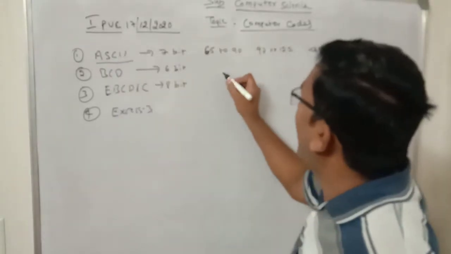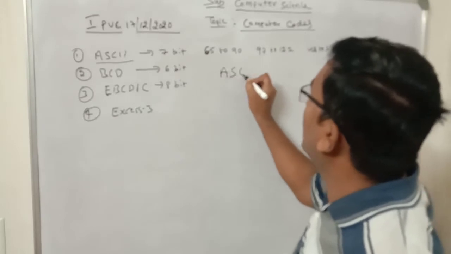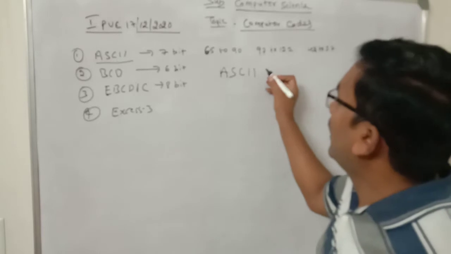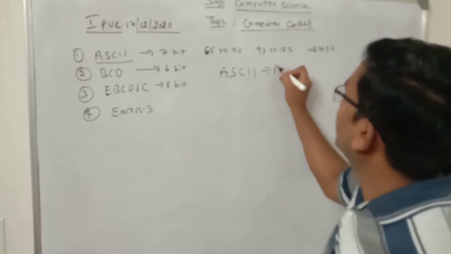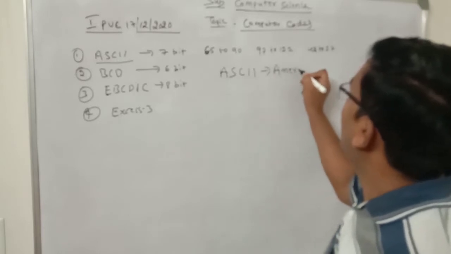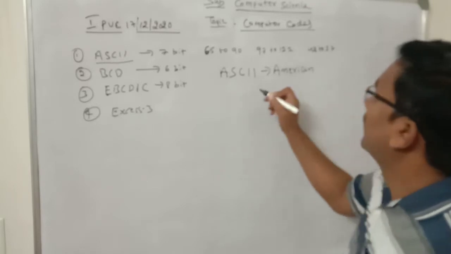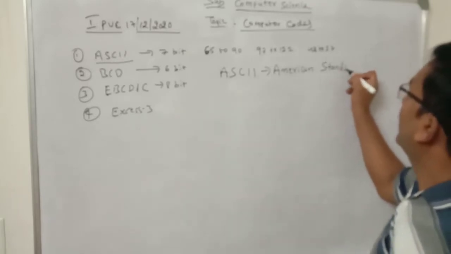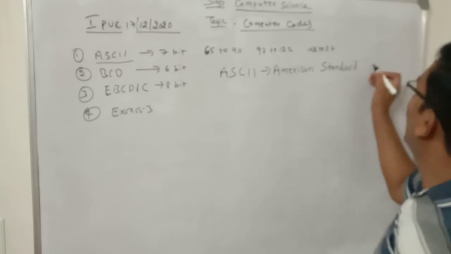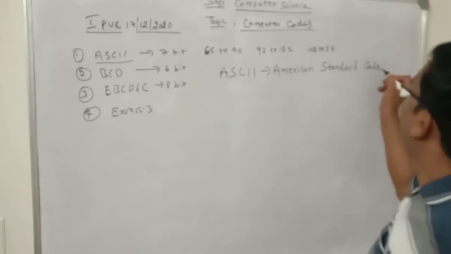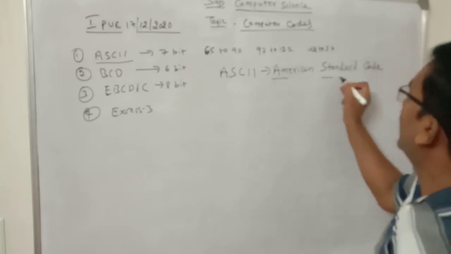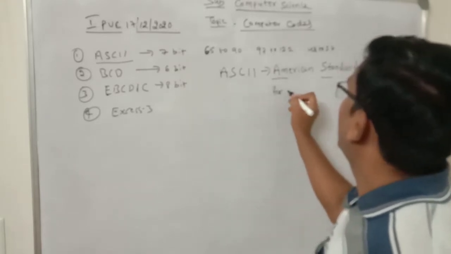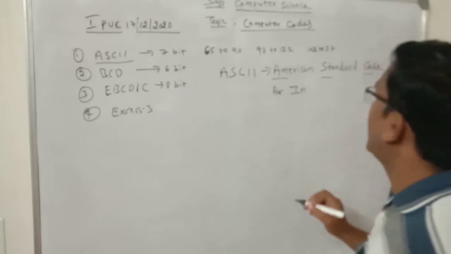The full form of ASCII, they'll ask for 1 mark. ASCII: American Standard Code for Information Interchange.